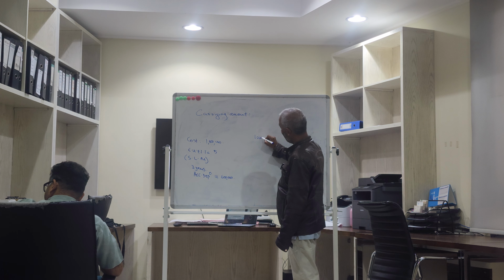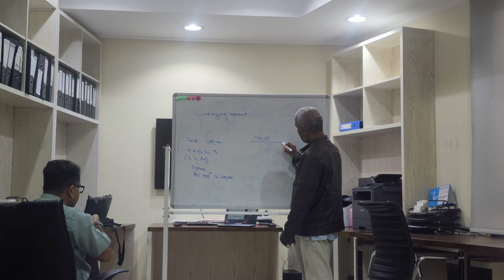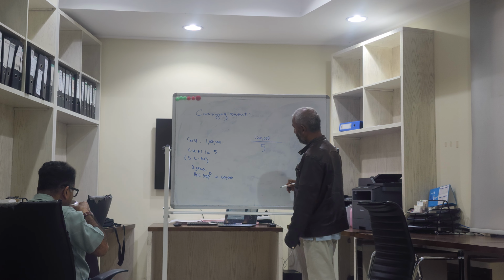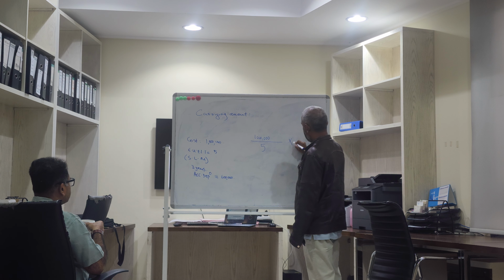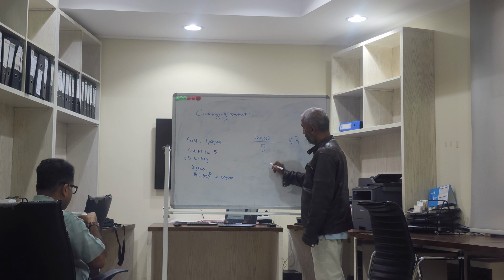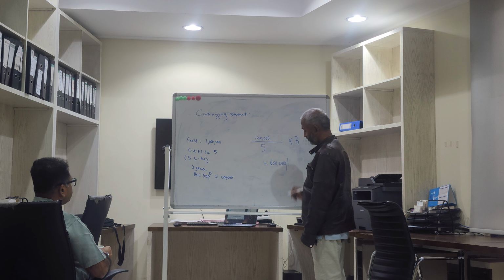Yes. So 1 million, you divide this by 5, and we said that 3 years are over, and you multiply this by 3, you get 600,000.